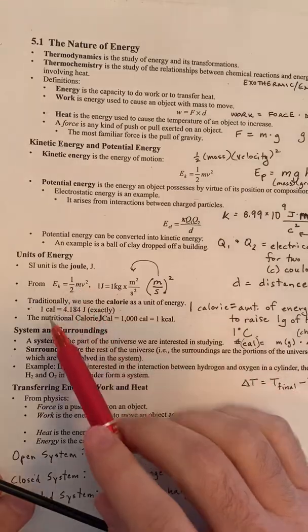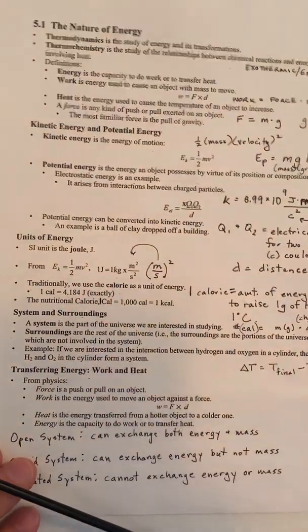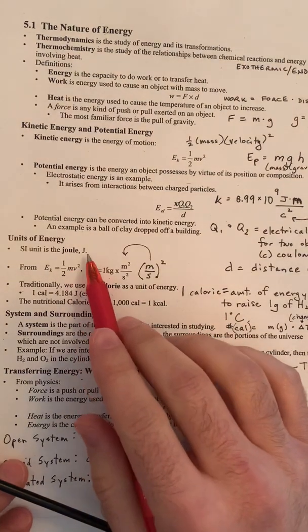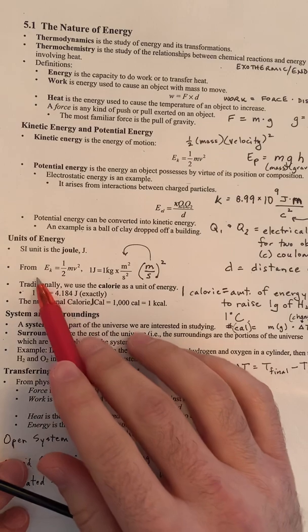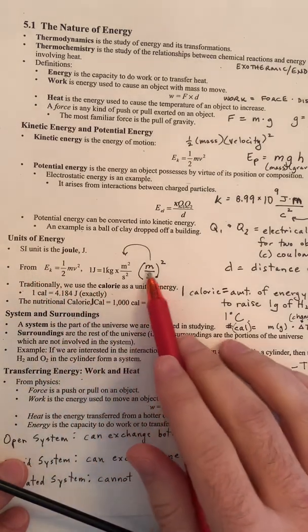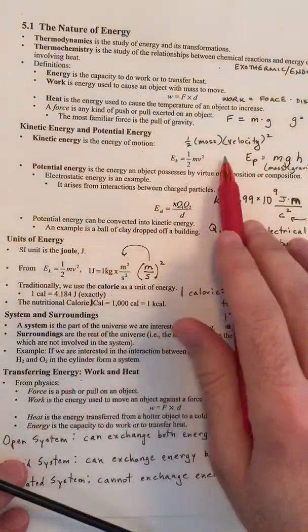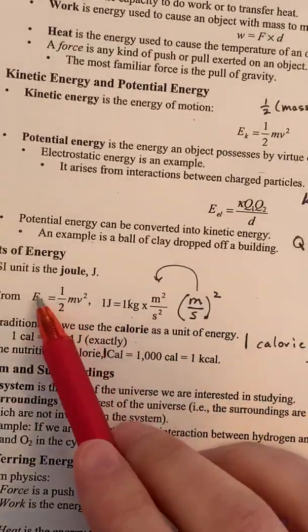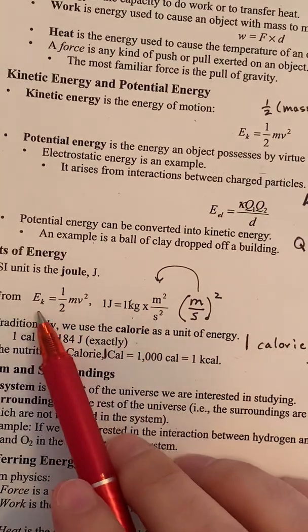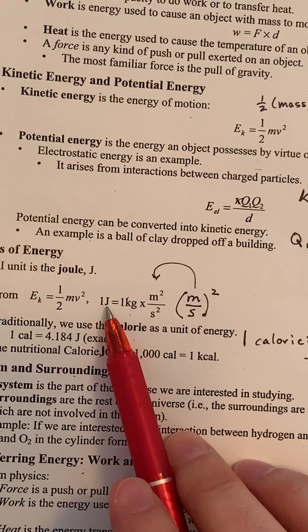Okay, units of energy. The SI unit of energy, the most commonly used one, is a joule. J, capital J for the symbol. So here they're taking the kinetic energy equation that I showed you up here, and they are showing you the labels for each part that you plug in. In other words, for the kinetic energy, you would have labels in joules.